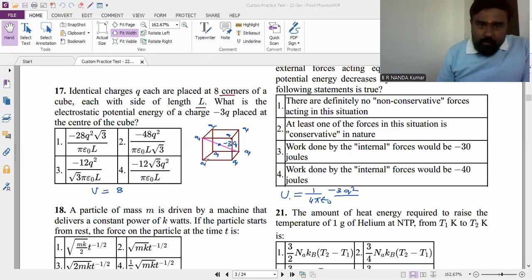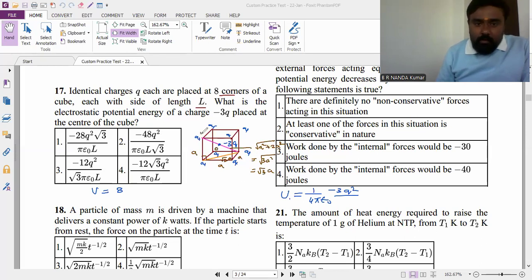We need to calculate that distance. In the base of the cube, I have joined diagonally opposite corners, so apply the Pythagoras theorem. This side is a and the diagonal is root of a square plus a square, which is 2 a square, so root 2a. This side is a, this is root 2a, and again this is 90 degrees, so by Pythagoras theorem the hypotenuse is root of a square plus 2a square, which is root 3 times a square, so this is root 3a.